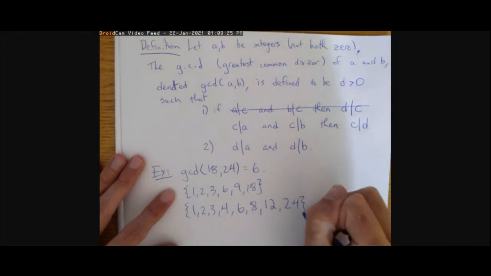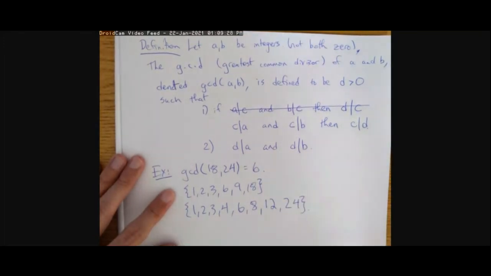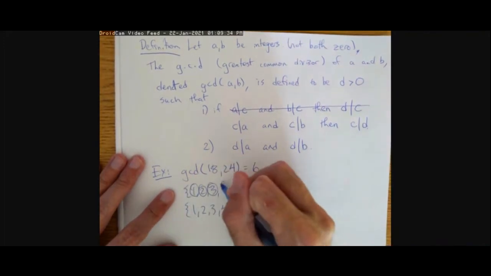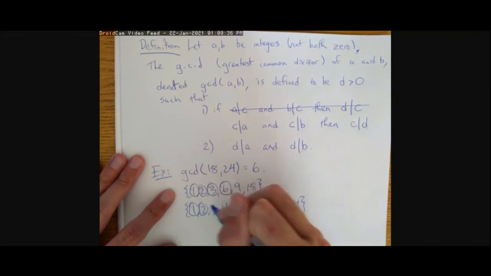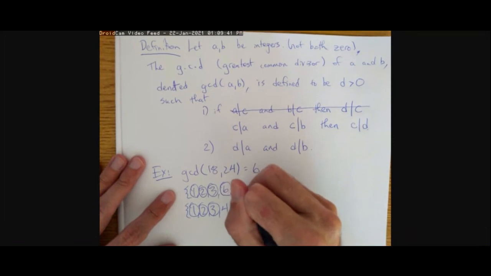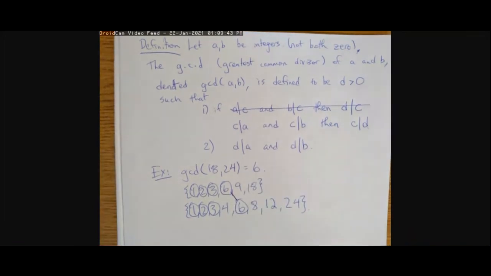Hope I don't miss any. And the common divisors are these. And the greatest common divisor is 6. So 6 is the GCD.